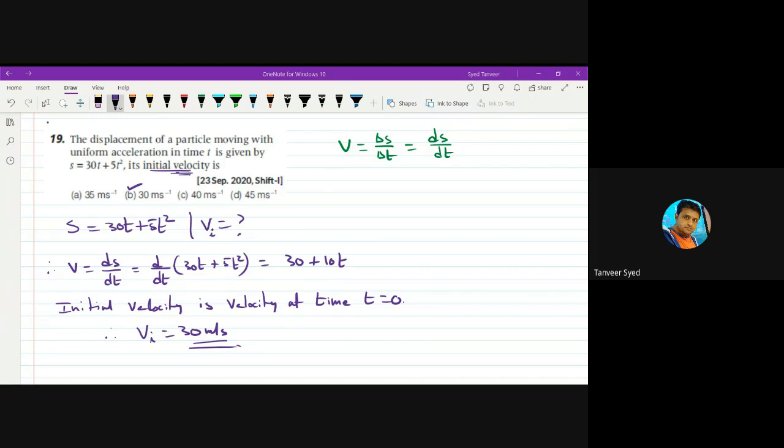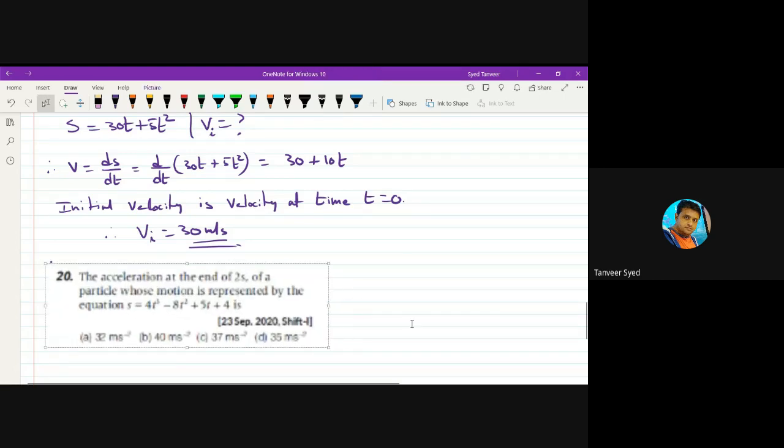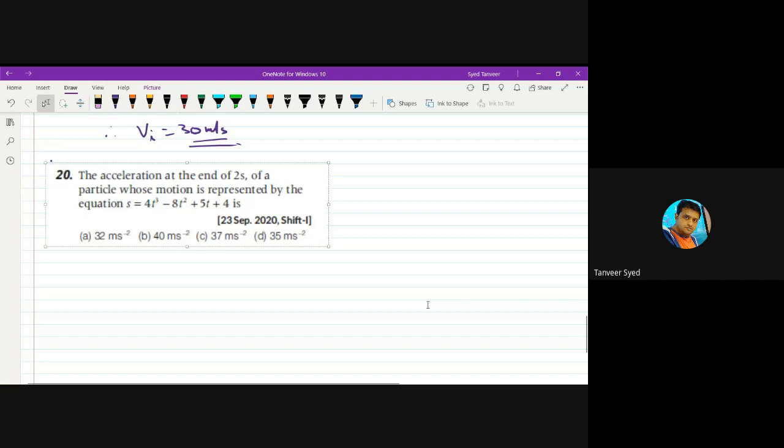Another question of similar type. Acceleration at the end of 2 seconds of a particle whose motion is represented by the equation s is equal to 4t cube minus 8t square plus 5t plus 4 is. So displacement is given.